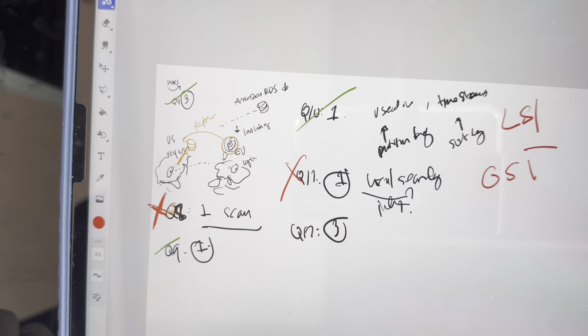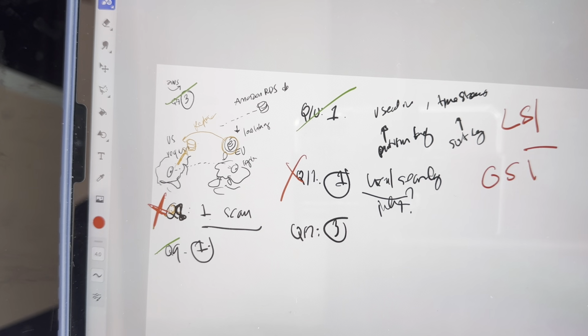It uses a different partition key as well as a different sort key. So if it's non-key attributes, you should use the global secondary index.